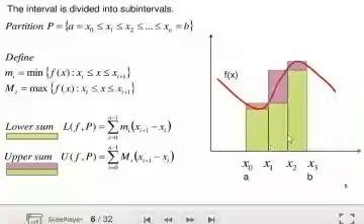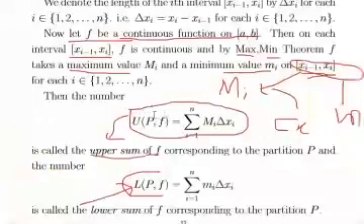Similarly, you can find the minimum of this function over this interval, which is nearly here. This height is m sub 2 times the width of that rectangle, which is x sub 2 minus x sub 1. Like that, if you sum them up, you get the lower sum of f corresponding to that partition. These are the definitions of lower sum and upper sum of f, right?